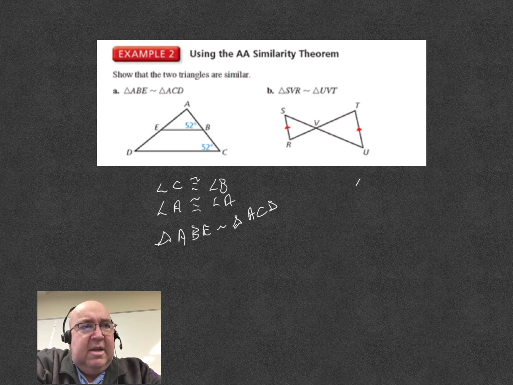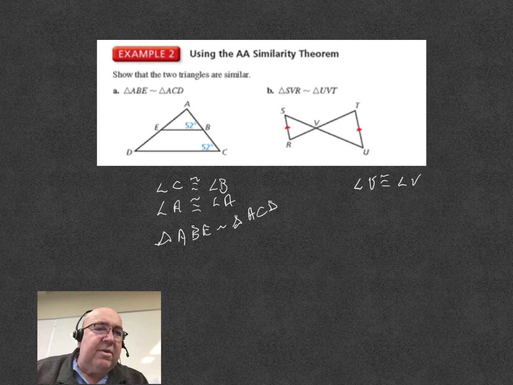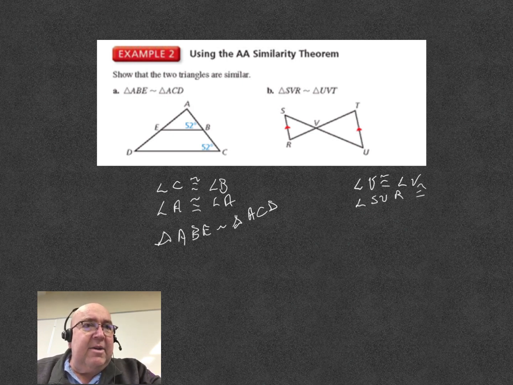So the first thing we're going to do is put angle V is congruent to angle V. So the angle V on the left side and the angle V on the right side are congruent. So we might put angle SVR is congruent to angle UVT.